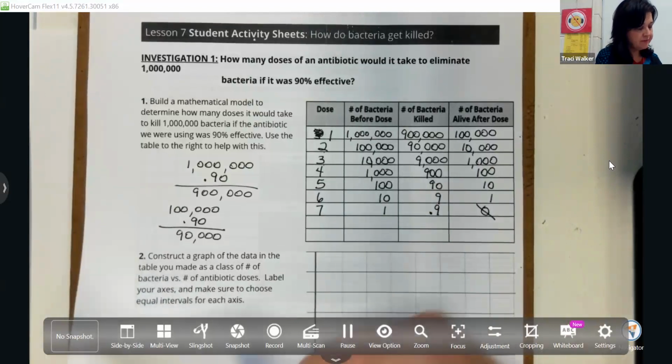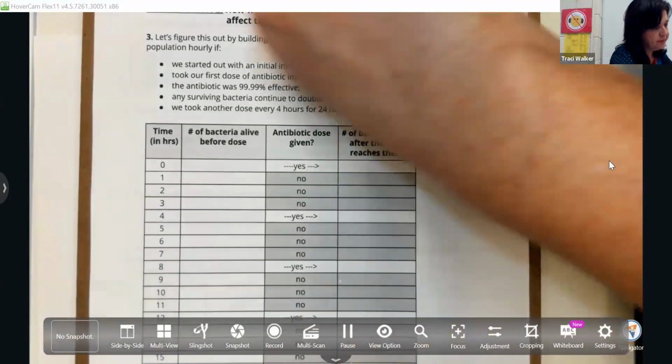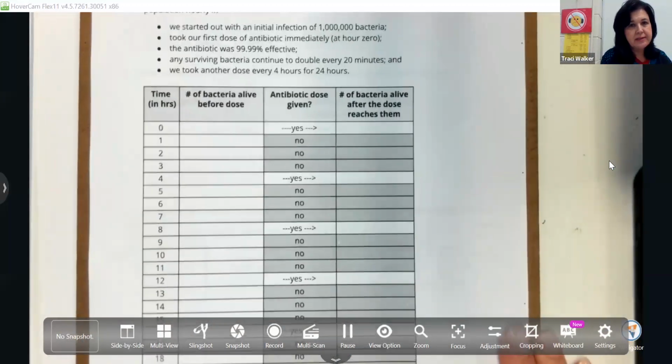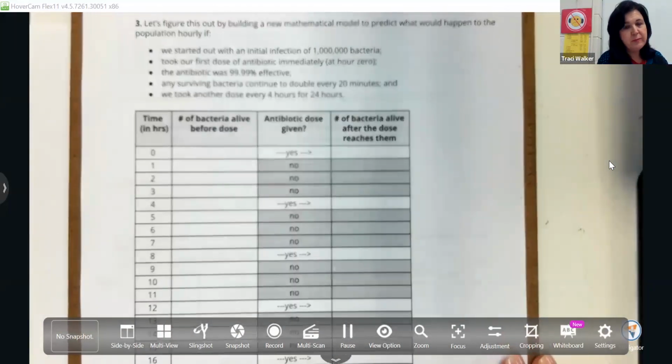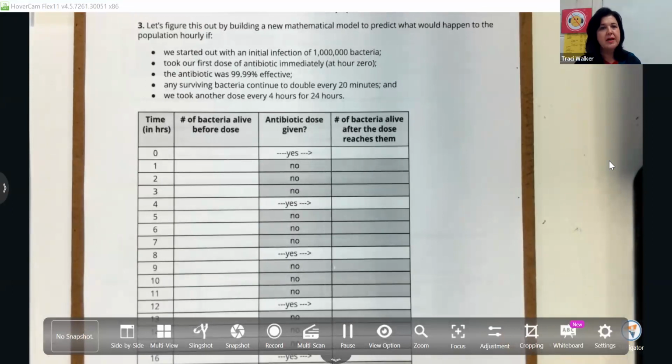And we need a little bit different kind of chart for this one. So as we build this mathematical model, what we're trying to accomplish is to predict what would happen to the bacteria population hourly under certain conditions. So we start out with an initial infection of 1 million bacteria, just like our previous model, and we take our first dose of antibiotics immediately at hour 0.